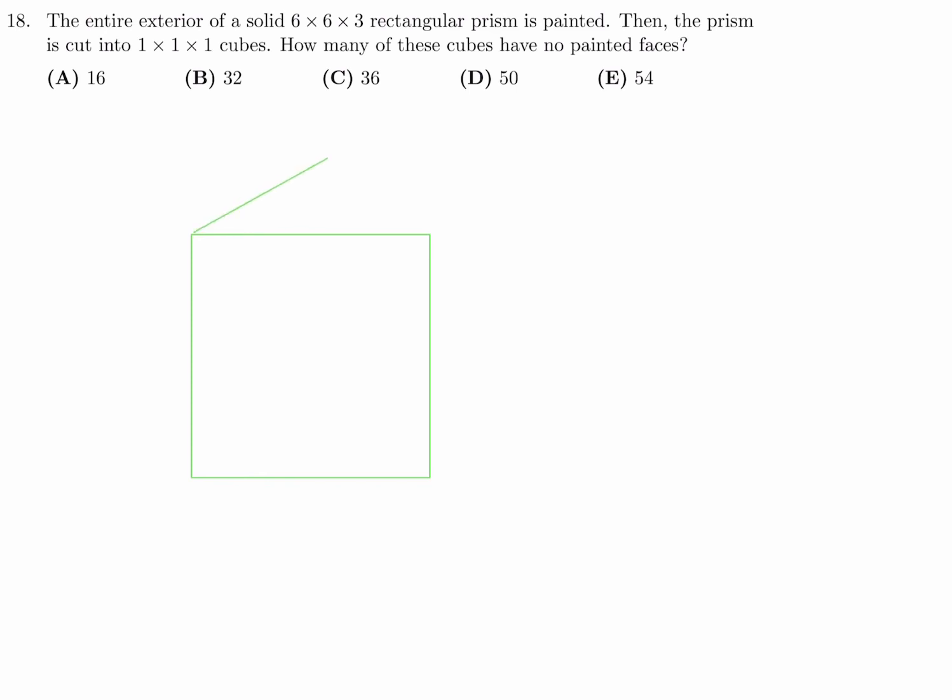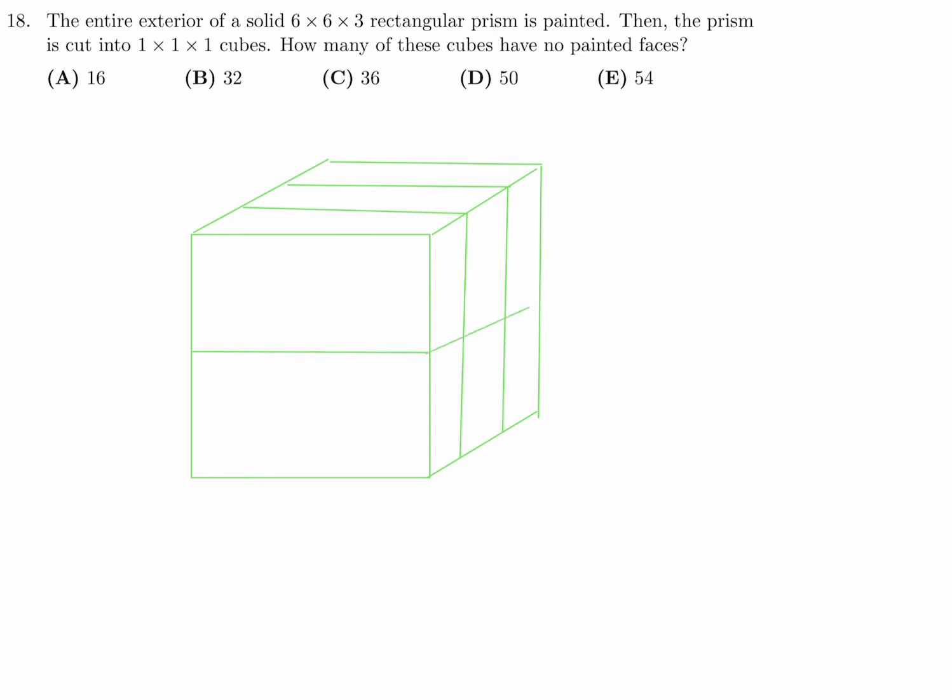So this is my 6 by 6 surface, and then on the other side I've got to draw 3 units. So this is sort of my cube. And then I'm going to cut this into 3s because that's 3. So it may not be perfectly drawn to scale, but you guys get the idea. And then this side is 6 by 6. So it's going to be like this.